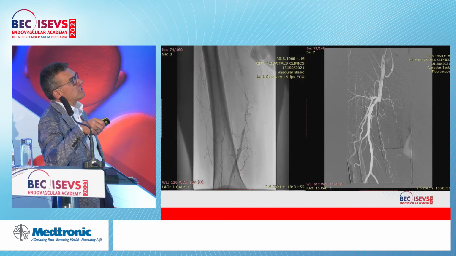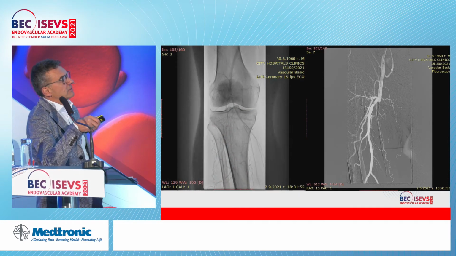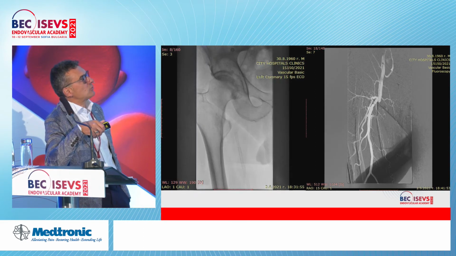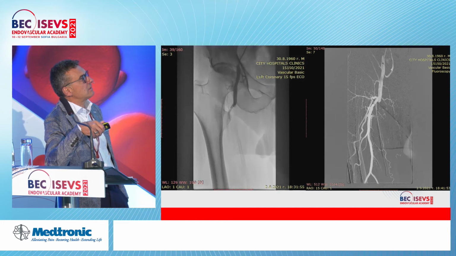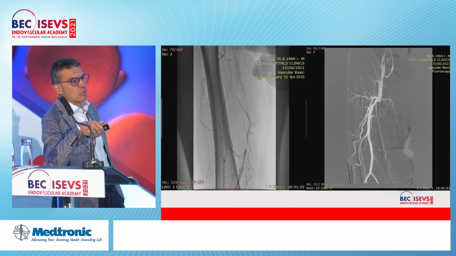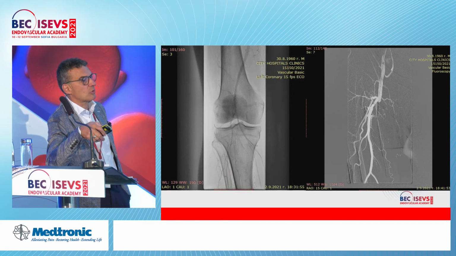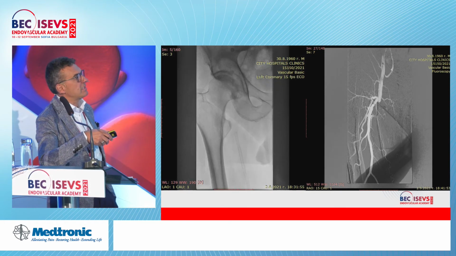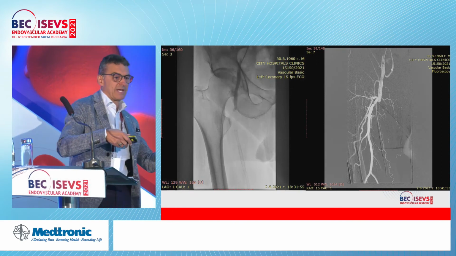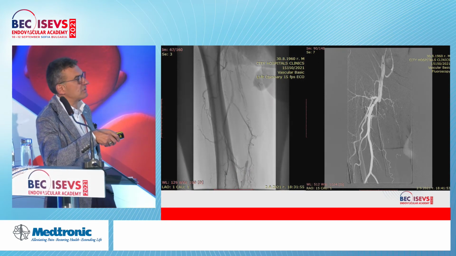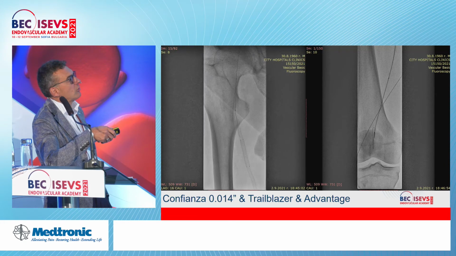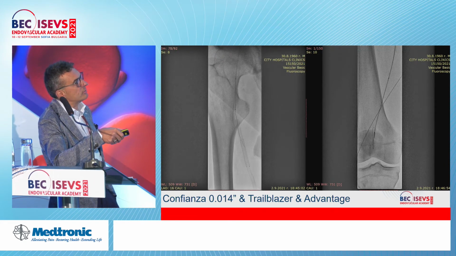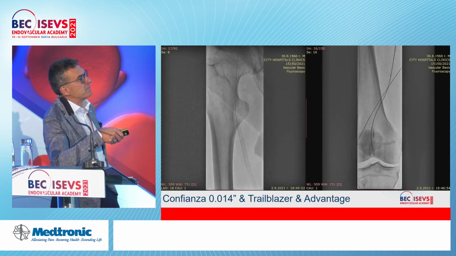This is the third in-stent occlusion, and we had to use the Confianza Pro 014 wire in order to go back within the lumen of the stent, because the wire has the tendency to go aside, so to make a dissection and even to go around the stent. So this is the crossing within the lumen of the stent with the Confianza Pro.